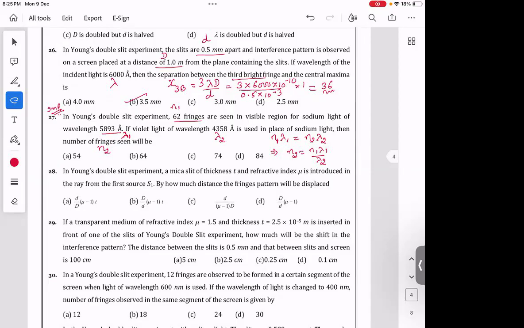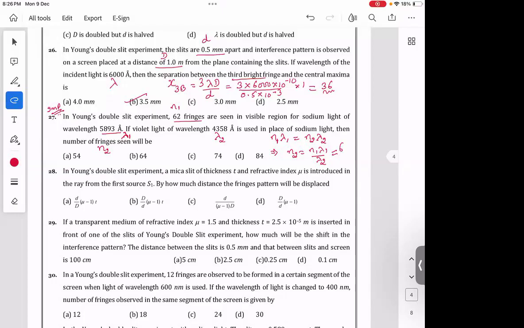So path difference means n lambda must be a constant. If n lambda is a constant, you can tell n1 lambda 1 is equal to n2 lambda 2. So what is n2 from this? n1 lambda 1 by lambda 2. So substitute n1, lambda 1 and lambda 2 and tell me the value of n2.